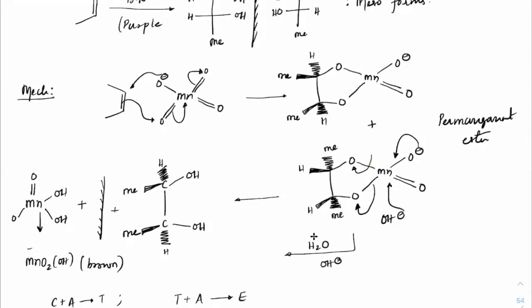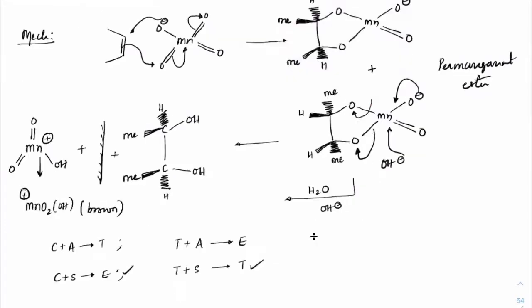So that's how we'll get this as Mn with one double bond O here and one more double bond O here with one OH group coming on it, with a plus sign on it. So MnO2 plus. So this is that brown color form. These are all something which we can't predict, beta. How many steps, we can't predict.